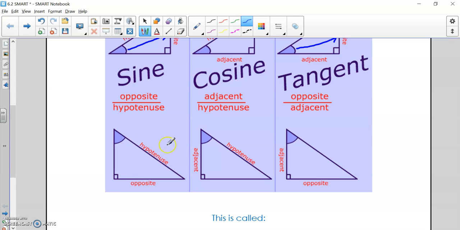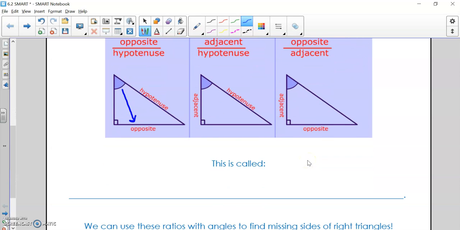So if you have a triangle like this and you're looking at the top angle, now opposite is the bottom side because that's now the side that's the farthest from the angle, okay? Remember, anytime you draw an arrow straight out of the angle that we're working on, that's going to land on the side that you would then call opposite. All right, hypotenuse doesn't change. It's really just opposite and adjacent that get flip-flopped when you use a different angle in the triangle. And this is going to make a lot more sense when we do some examples.